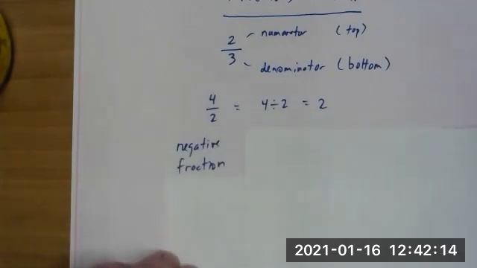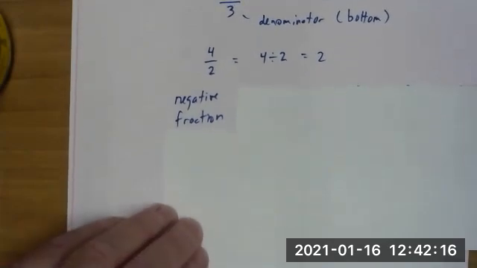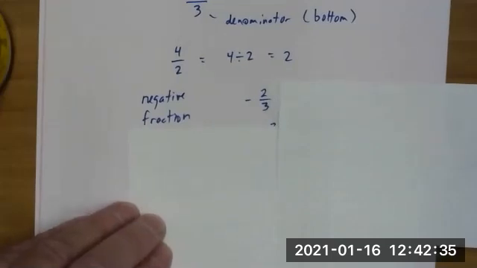Now, some of the confusion I've seen in the past is when we have negative fractions, because it can be a little tricky where they put the negative sign. In textbooks and even as the teacher's doing problems, it seems like the negative sign moves around and it can be a little confusing. So for instance, sometimes you'll see a negative fraction written with the negative sign way out front, sort of in the middle in a sense.